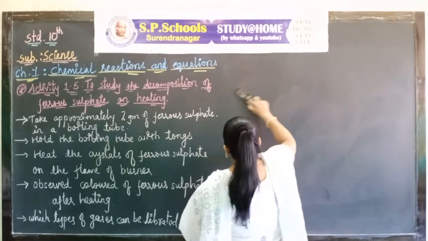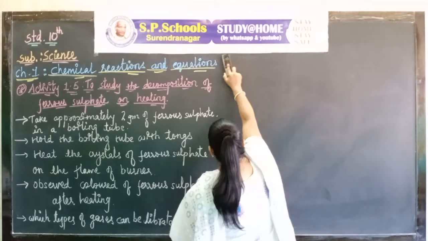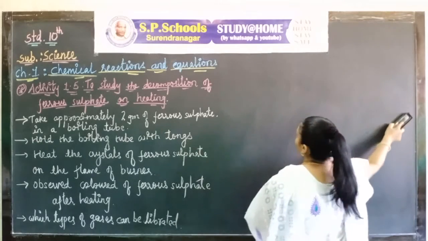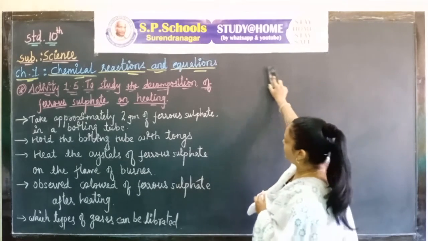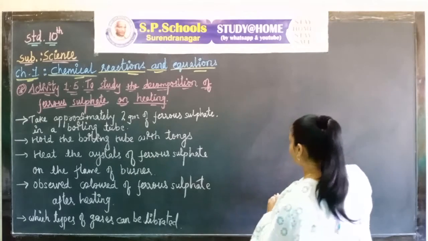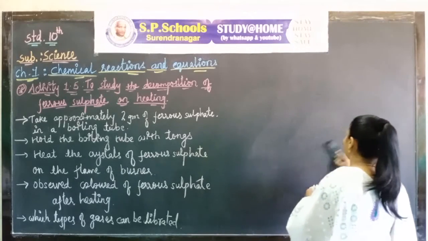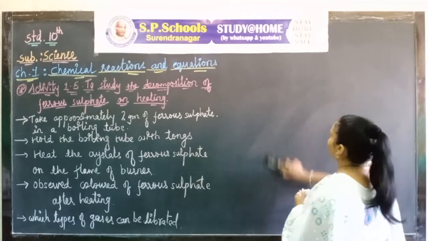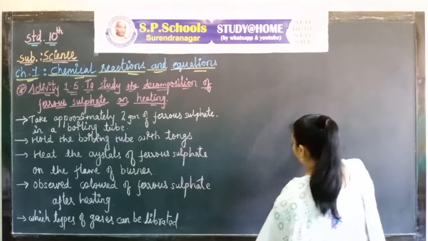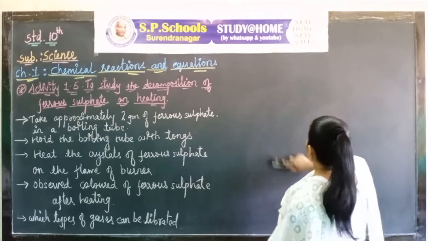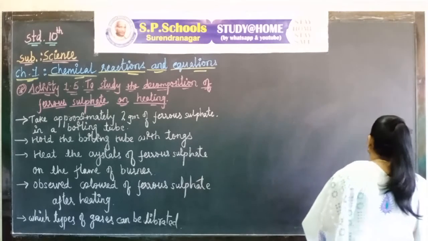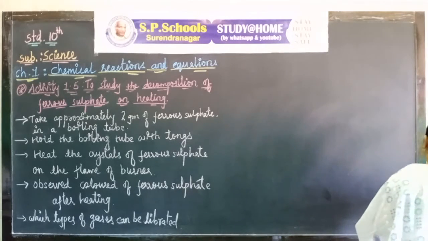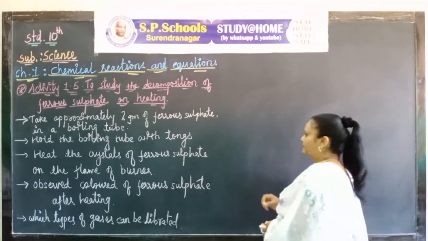Now we understand the observations for this reaction. In the beginning, ferrous sulfate is in crystal form. Write the observations.